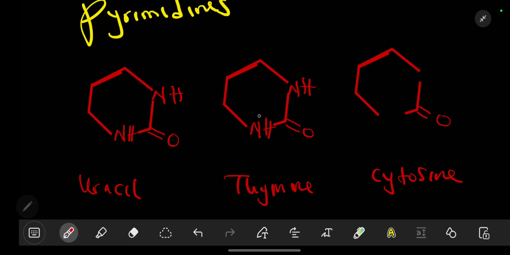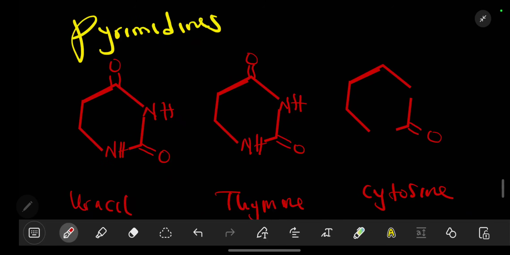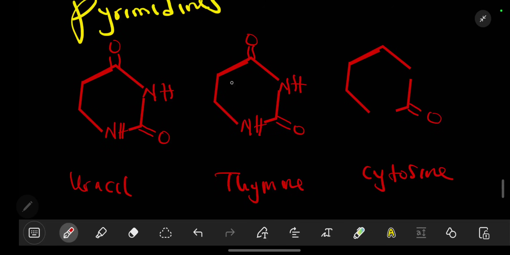So let's just draw the comparative study for this one. For this one, they have 2 oxygens. Another oxygen is here. Another oxygen is here. So now the only difference between uracil and thymine is that thymine has got something like this.